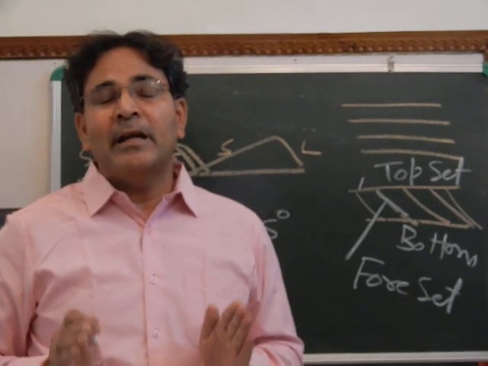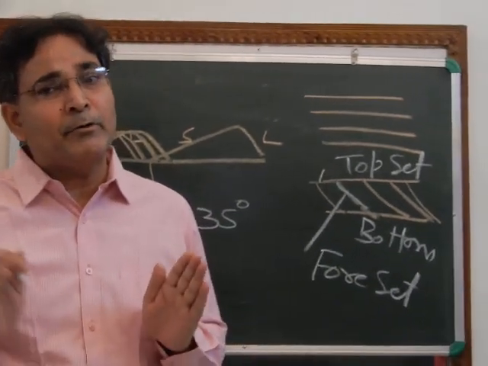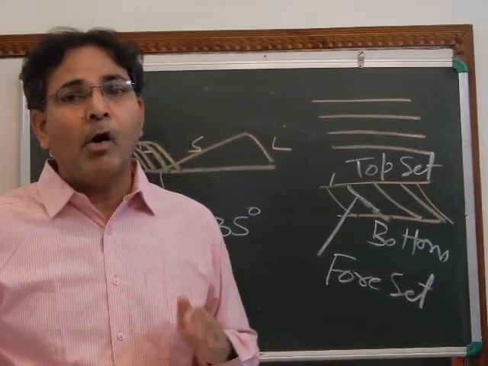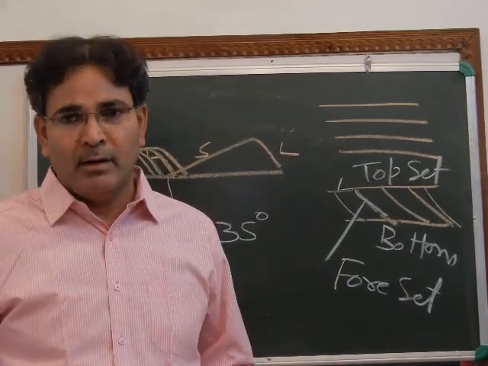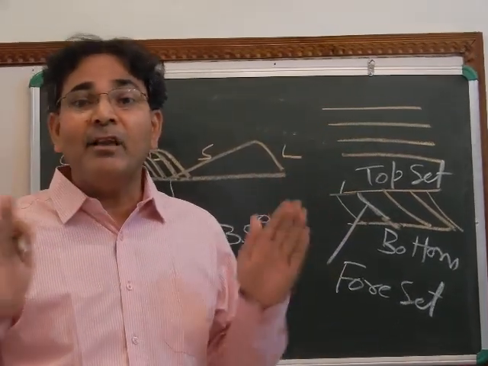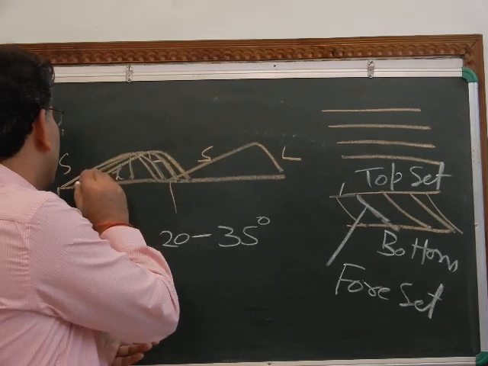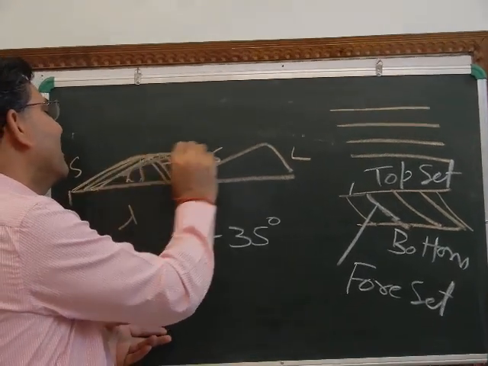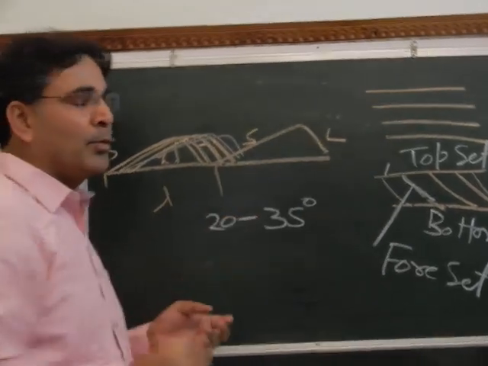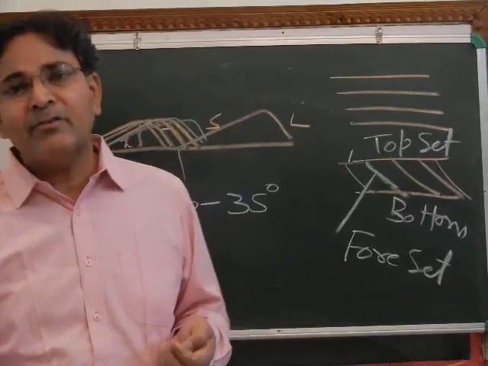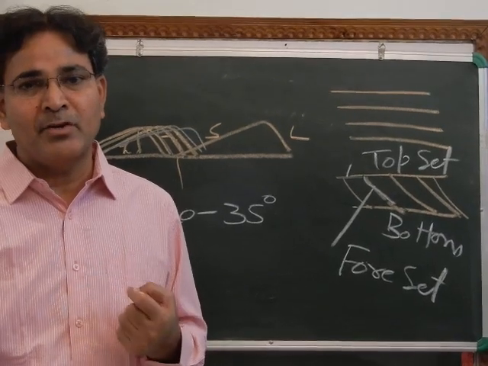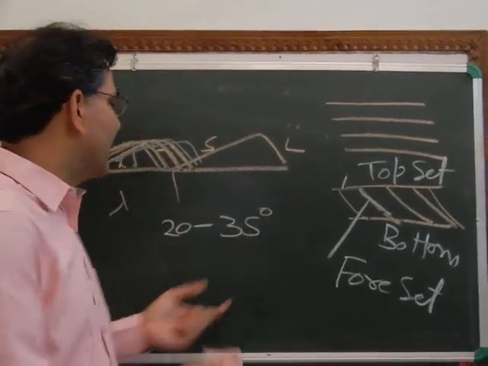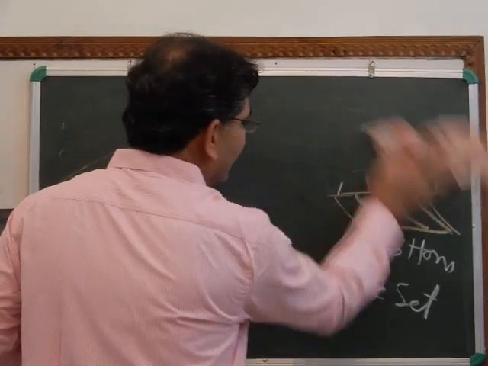Why is this inclination only between 20 to 35 degrees? Because the angle of repose, the stability angle for the sand which removes from this side and accumulates on the lee side, is around 20 to 35 degrees, and that's why the inclination of the foreset laminations varies from 20 to 35 degrees.